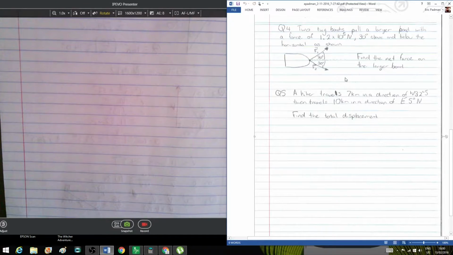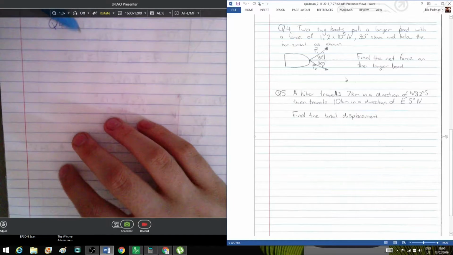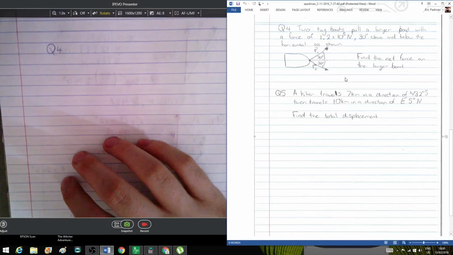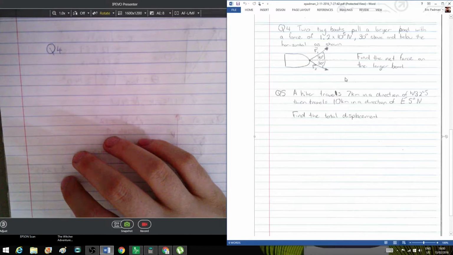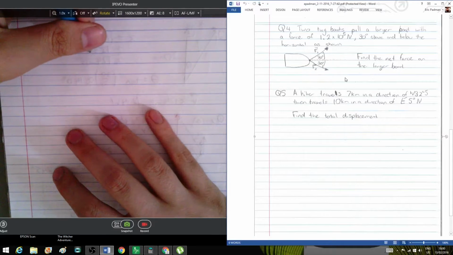Okay, so the next one is another vector addition. It's a pretty simple one. So we have 2 tugboats pulling at angles 30 degrees from the direction of motion. So, vector sum of that.